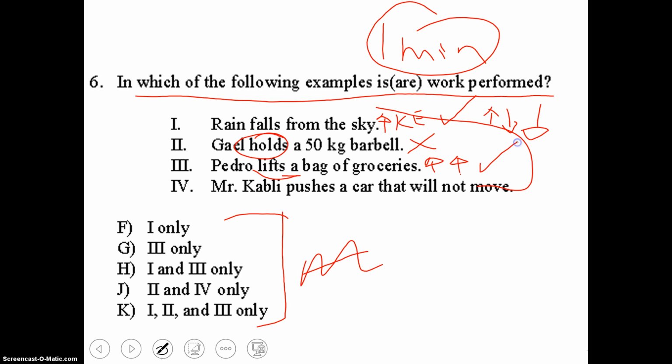So work is being done. Okay, Mr. Cabley pushes a car that will not move. Okay, if it's not moving, then the distance equals 0, and therefore there's no work done. So no work is being done here. So which ones had work? Number 1 had work, number 3 had work. So the answer would be H. Moving on.